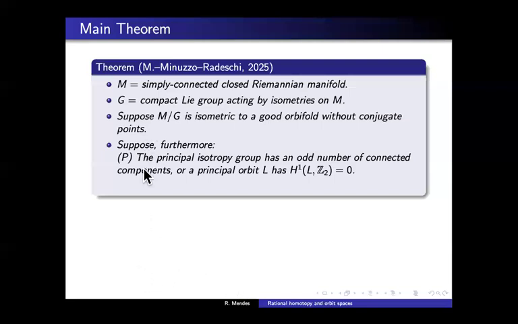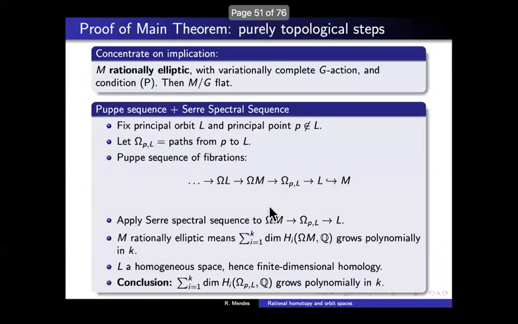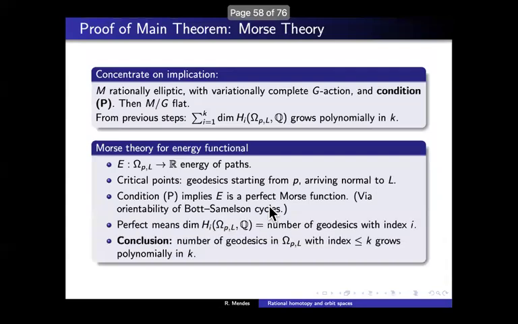I don't know if I have a great answer for that question. There was a slide where you highlight where we use this condition, right? Right. I didn't explain too much in that slide, but I can go back to that slide. I just said that this condition P implies that this is a perfect Morse function because these Bott-Samuelson cycles are orientable. I don't have a very good answer for you.